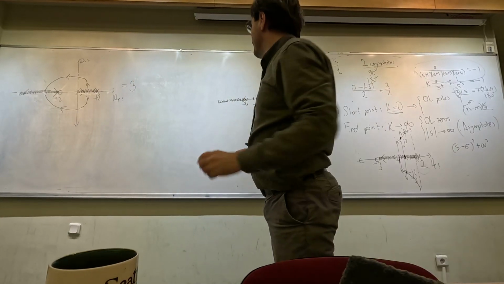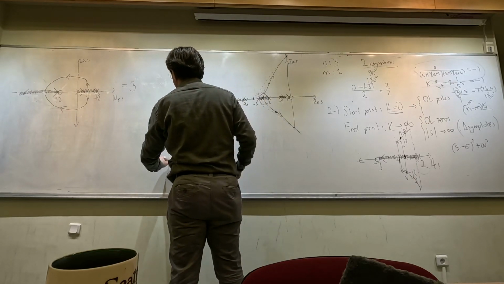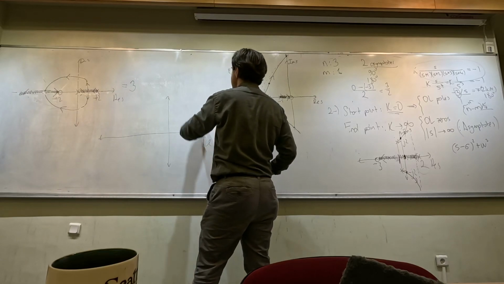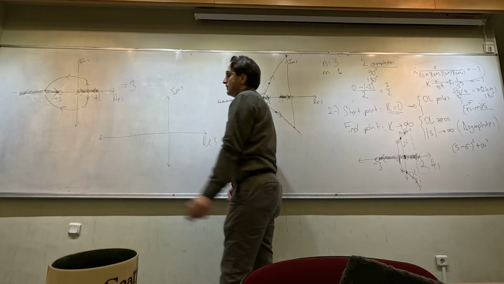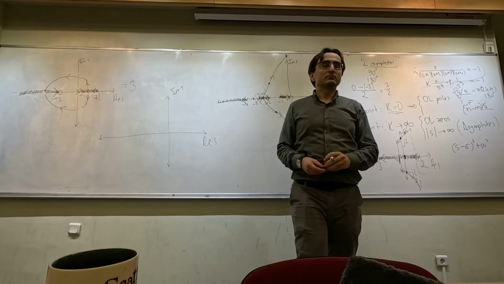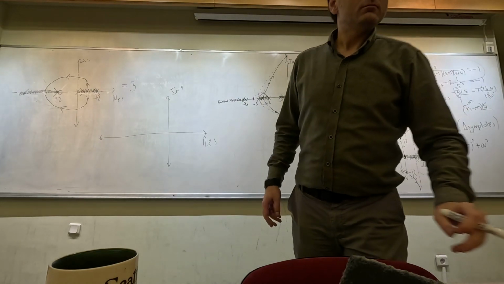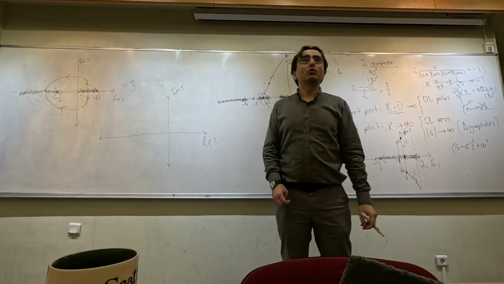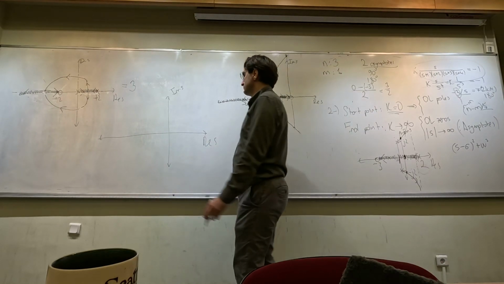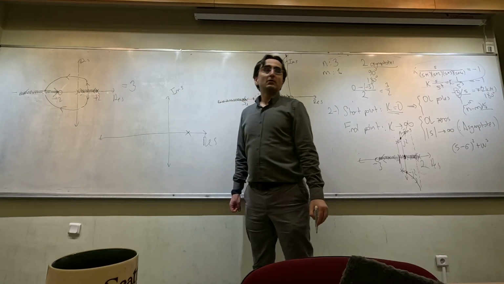So as the final thing in this lecture, I would like to do something like this. Tell me an open loop pole location. Where should I place the open loop pole?